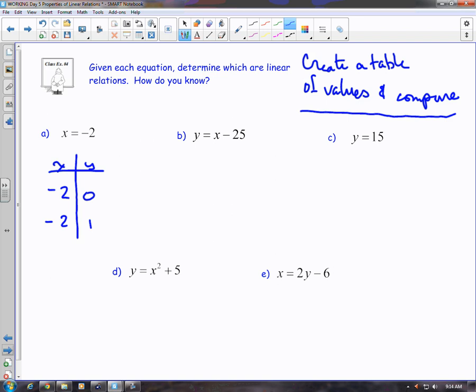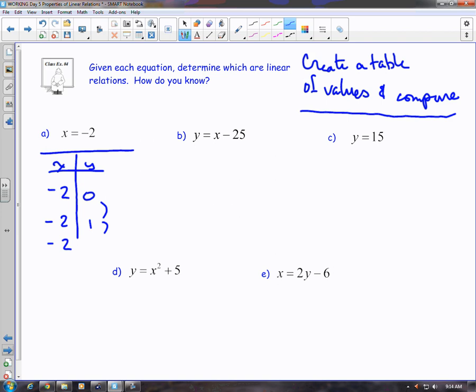So you can actually put in here any ordered pair that you want. As long as x is negative 2, y can be any value. And because y can be any value, that means that the rate of change here, we can make it the same. We can make it go up by 1 each time, or we can make it go up by 2 each time. Because the fact of the matter is this doesn't go up by anything. All right? So this one here is linear.